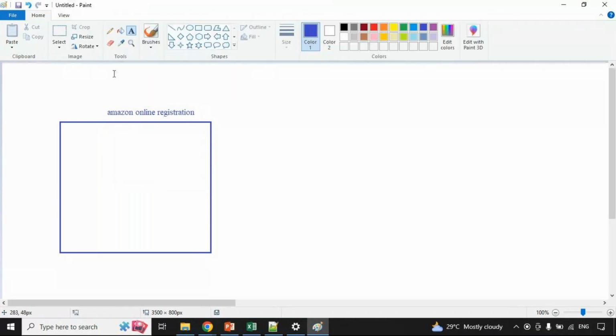You are going to fill in the details, name, password, and then address, gender, location.